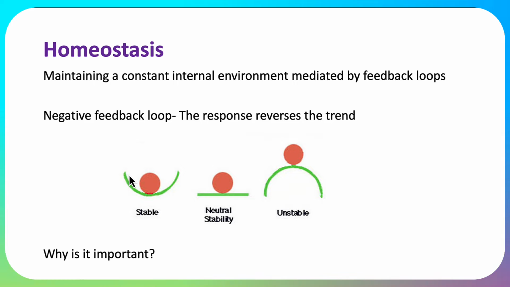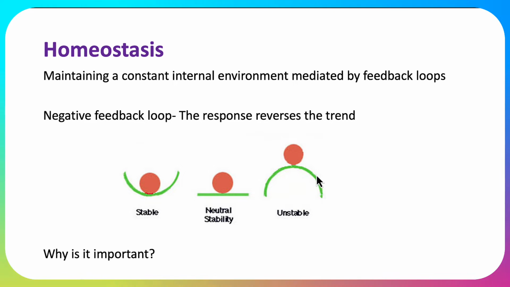The response reverses the trend. Given that it's a ball, it might roll past, but then it's going to respond opposite to moving up this wall. So it just might oscillate a few times, and then it's going to stop here at this set point. That is a negative feedback loop. And that's what we use for homeostasis.